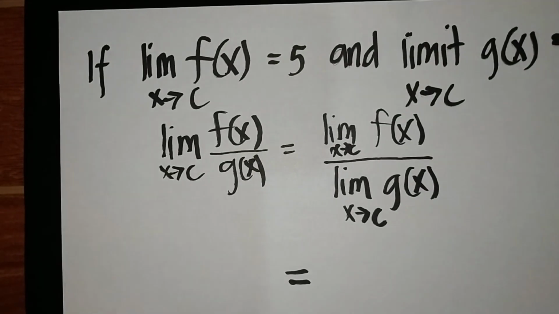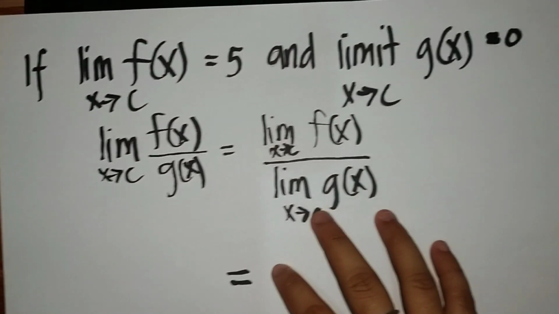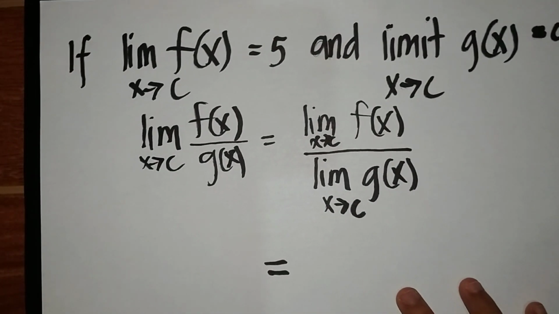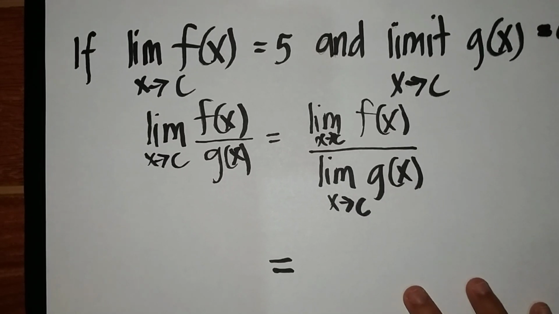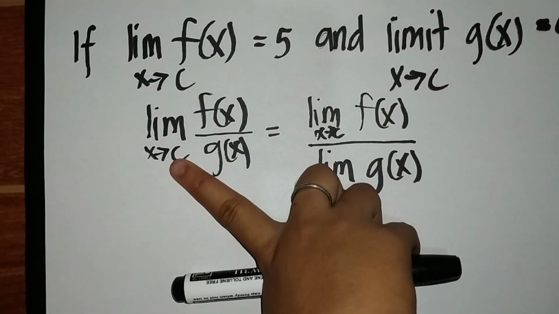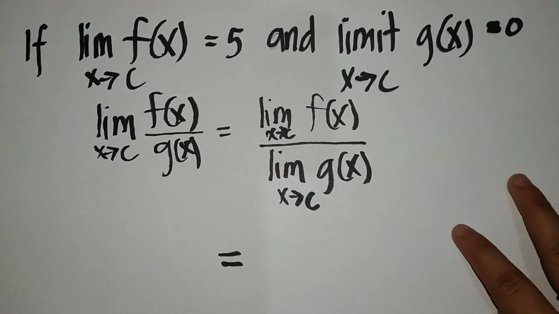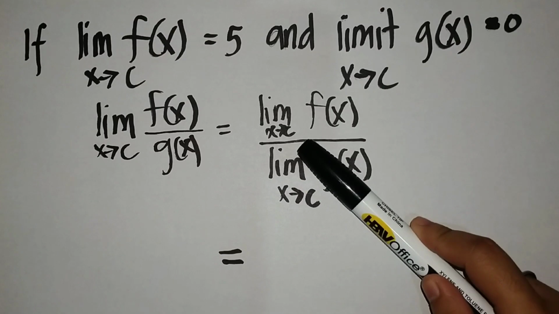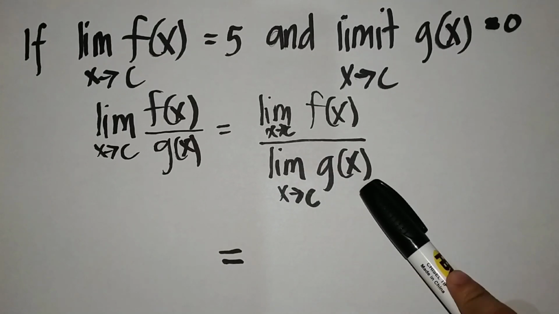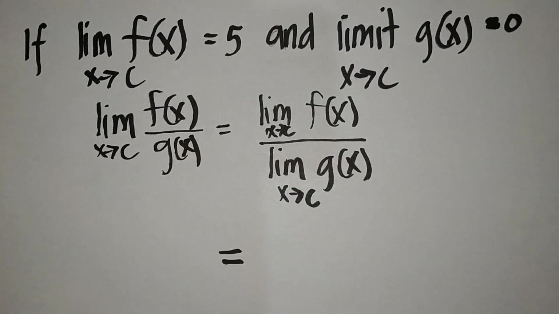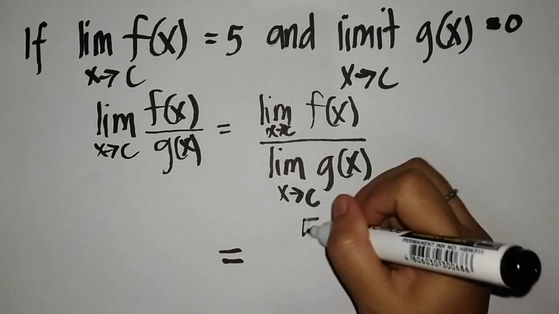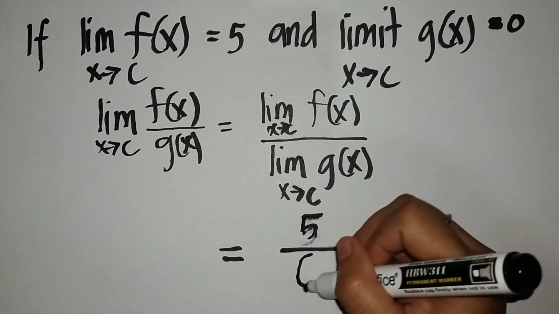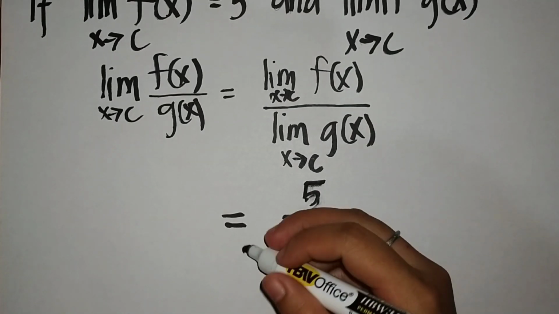For our third example, we let the limit of f of x be equal to 5 and the limit of g of x be equal to 0. If we evaluate the limit of f of x over g of x as x approaches c, it is equal to the limit of f of x over the limit of g of x, which is 5 over 0, which is undefined.